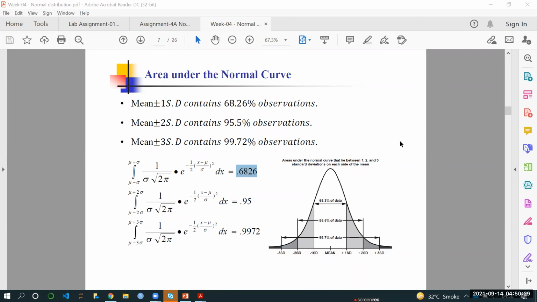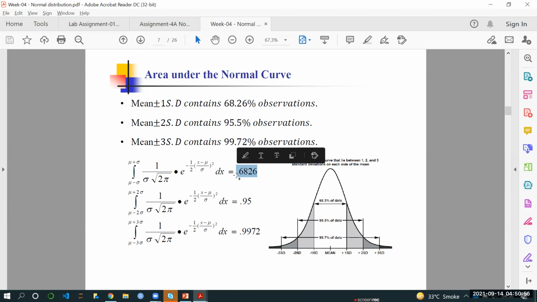Now you can see the chat window: mean 65, standard deviation 10. Mean minus standard deviation is 65 minus 10 equals 55, and mean plus standard deviation is 65 plus 10 equals 75. So we received two values, 55 and 75.